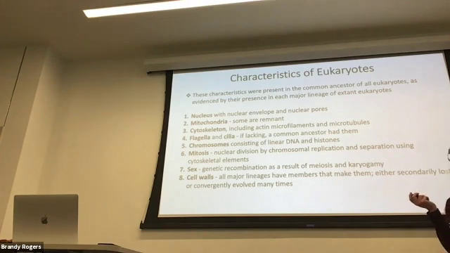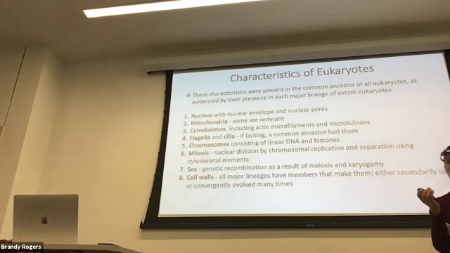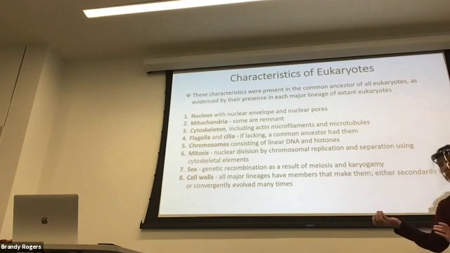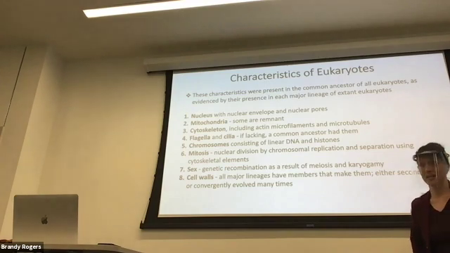And those that live as parasites may have lost functional mitochondria because they don't need them anymore. Okay, but that is a secondary loss. Okay, that would be the same thing as a snake losing its legs or a whale losing its hind limbs. Common ancestor had it, but over evolutionary time, that particular group lost that trait because they don't use it. No selective pressure to keep it, okay?